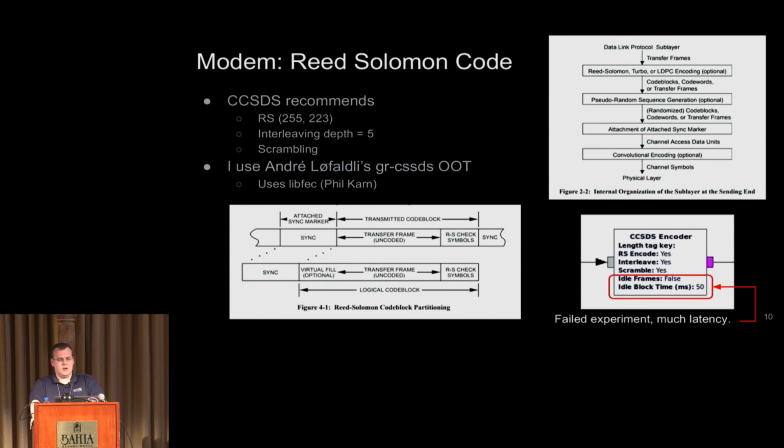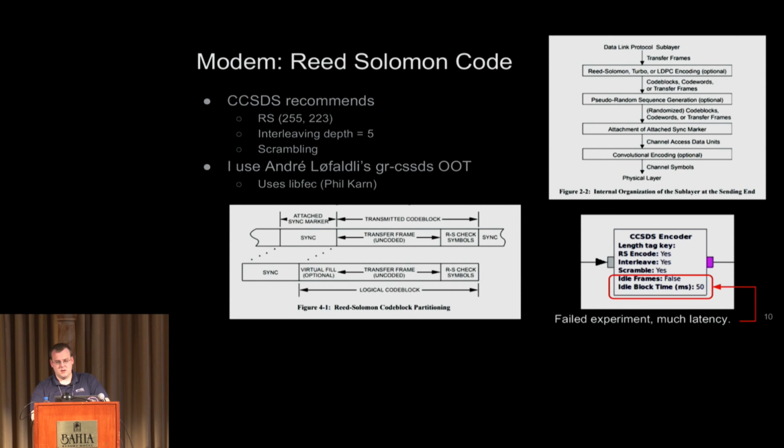It's 255 bytes, and 32 of those are parity symbols. CCSDS recommends an interleaving depth of 5, and like I said, we're also applying scrambling. And I believe we're using Phil Karn's implementation of Reed-Solomon here.